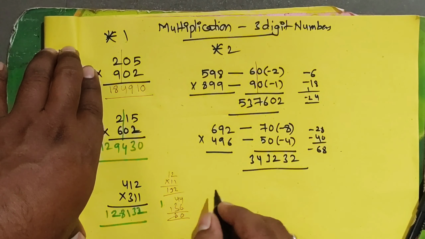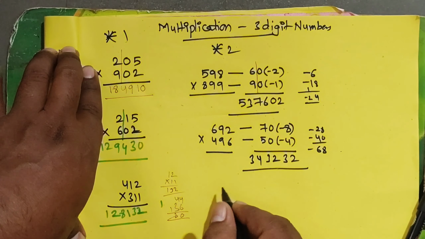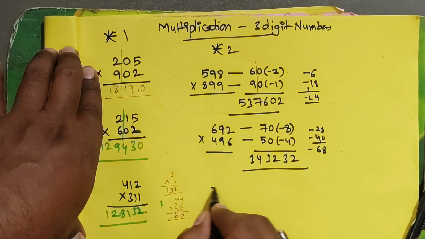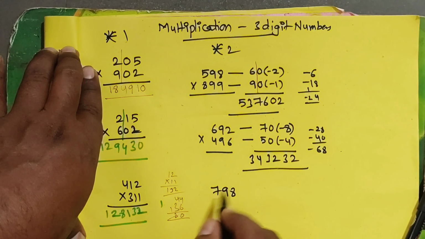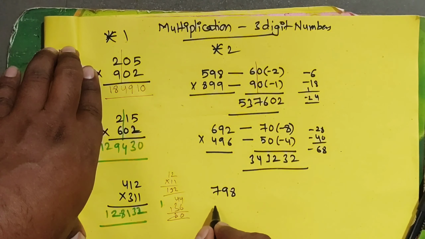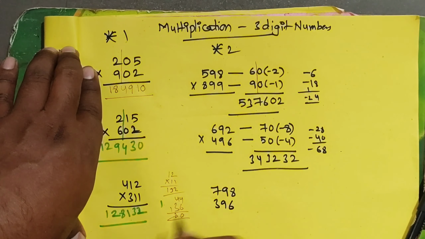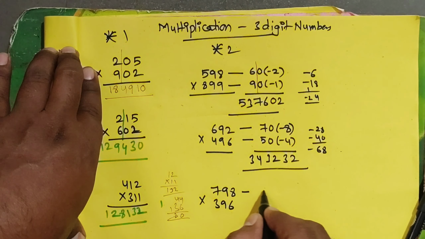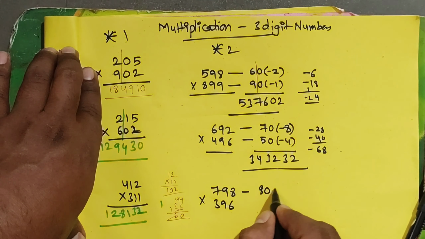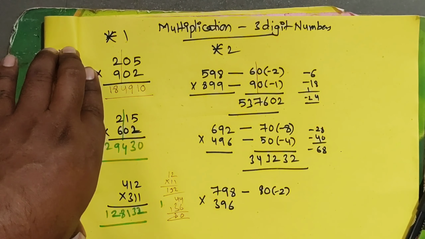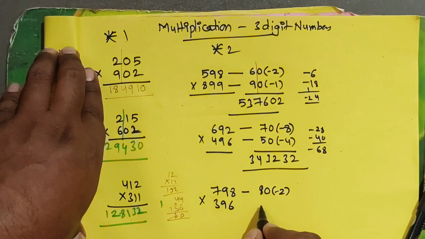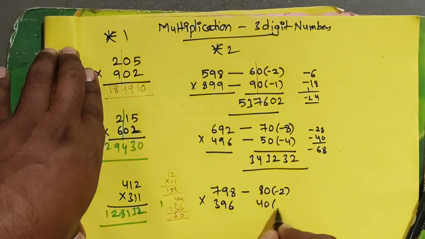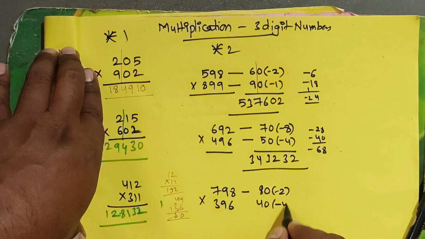So now take the one more example here to understanding purpose. So that is 798 minus 396. So we can write the 798 as 800 minus 2. You can write the 396 as the 400 minus 4.